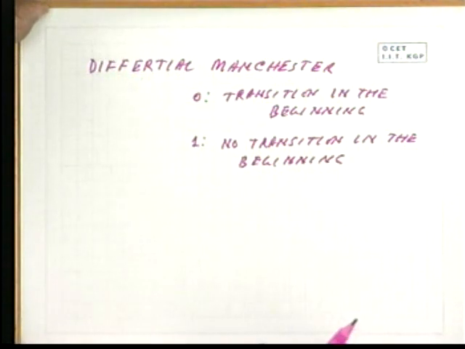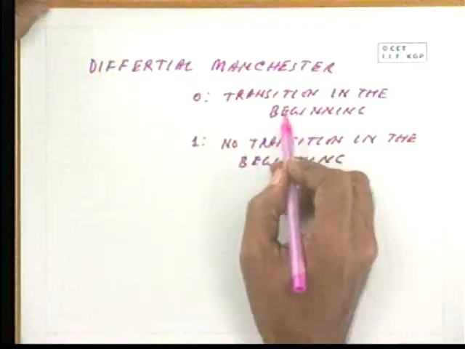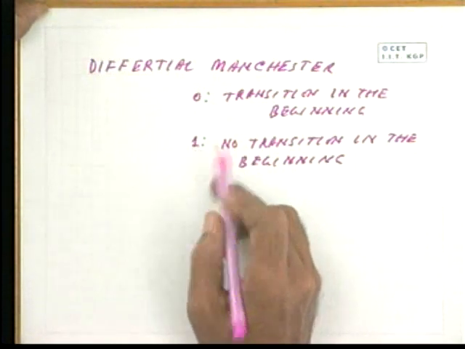However there is always transition in the middle. So there is no transition in case of 1 in the beginning of the bit, but there is always transition in the middle of the bit, both for 0 as well as for 1.